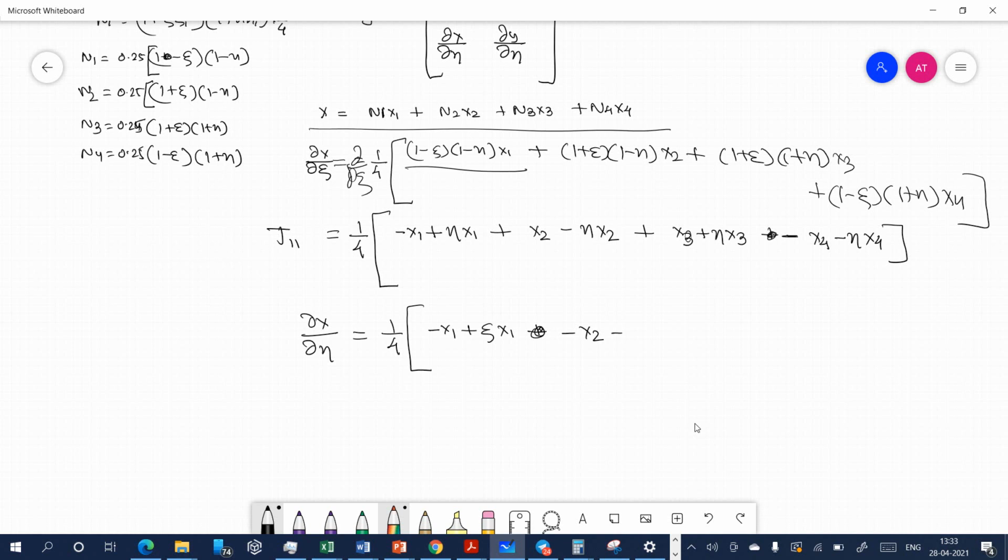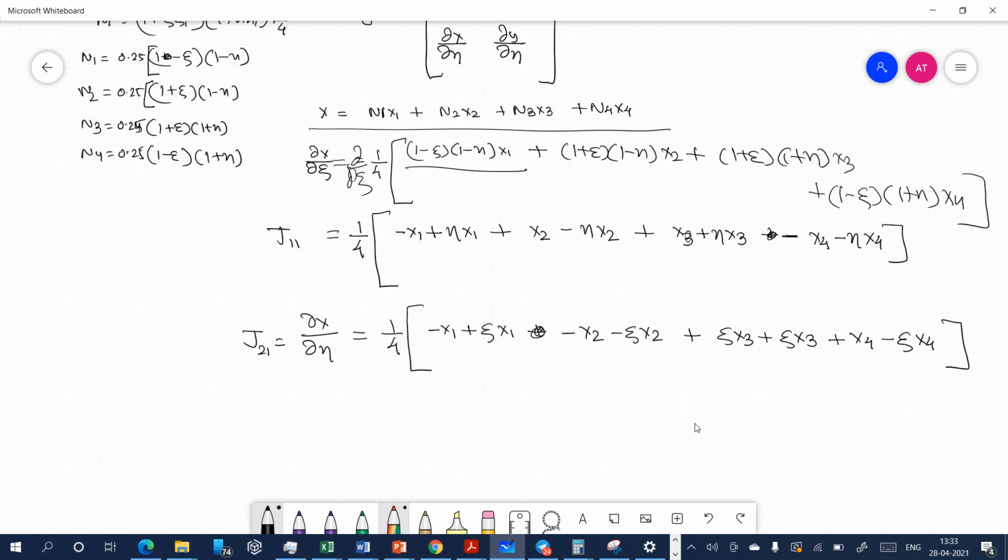So it will be minus zeta x2. Then I will have plus zeta x3, and then I will have x4 minus zeta x4. So this is what del x by del eta is. So this is J21. So we have got J11, we have got J21.